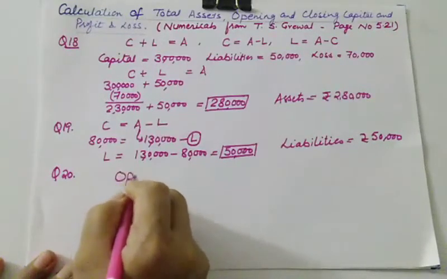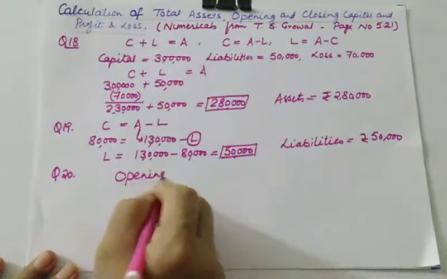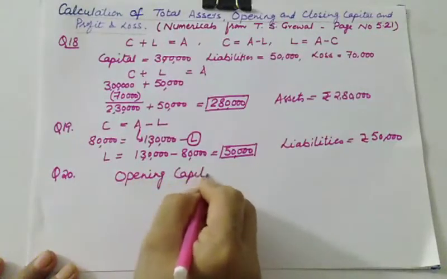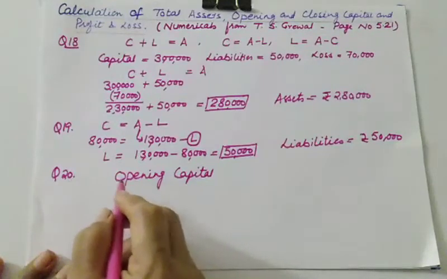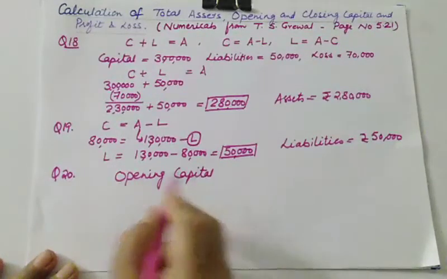Whenever opening capital is given to you, if you add, this is a formula, not a part of question number 20, but we'll be using this in question number 20.